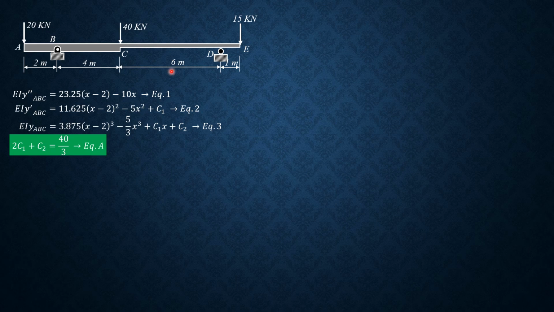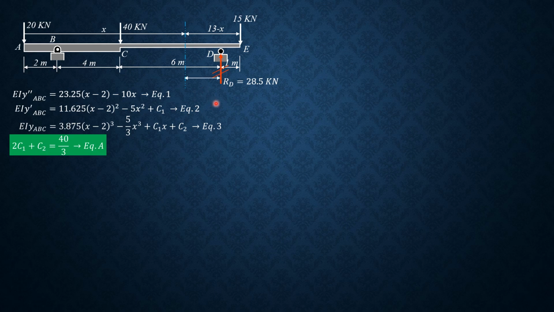So for CDE, we section it here. So that is x, therefore this distance is 13 minus x. RD was 28.5 kilonewtons. So this is 13 minus x, while this distance is 12 minus x.